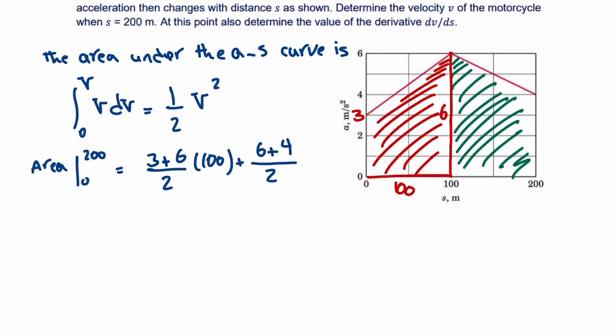Because this guy here is 4. Again, this side is 6, and this distance is 100, right? So this one is 100. So finally, the area is 950.